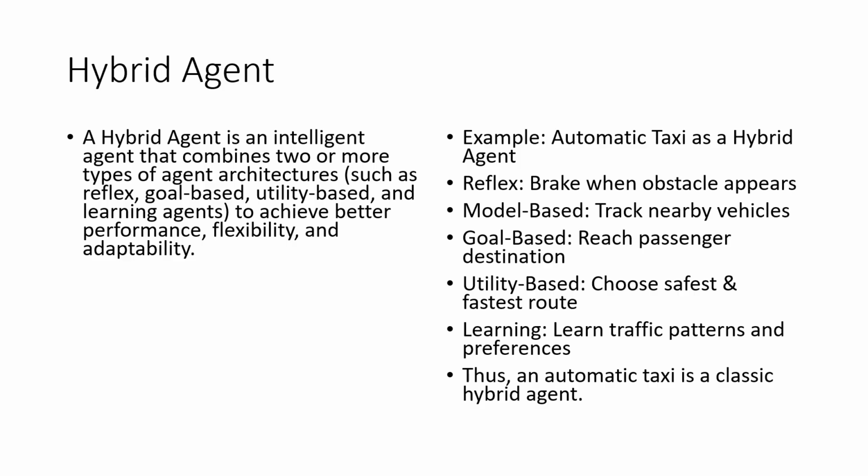It uses reflex behavior to brake immediately when an obstacle appears, a model-based approach to track nearby vehicles and traffic conditions, a goal-based strategy to reach the passenger's destination, a utility-based method to choose the safest and fastest route, and learning capabilities to improve by understanding traffic patterns and user preferences over time.